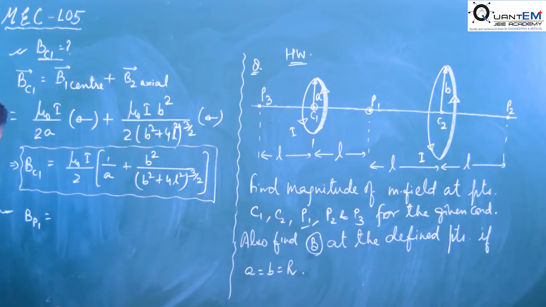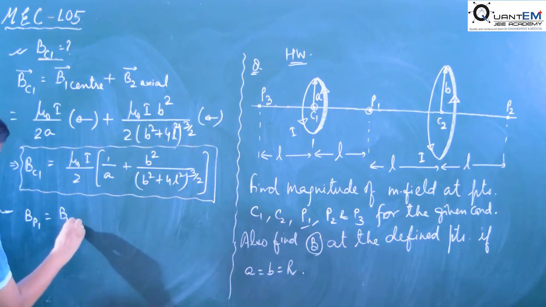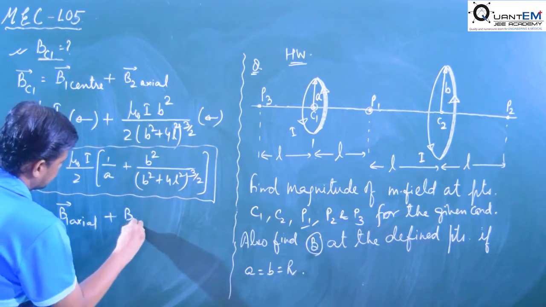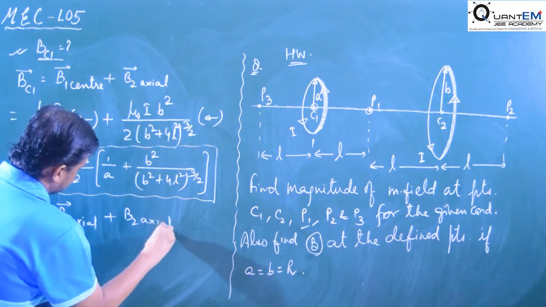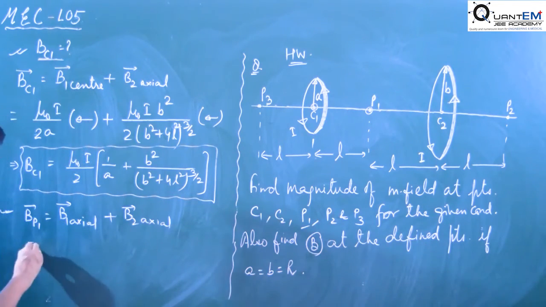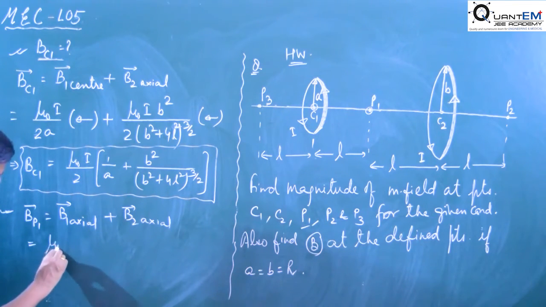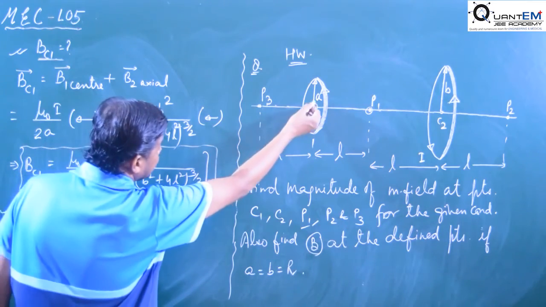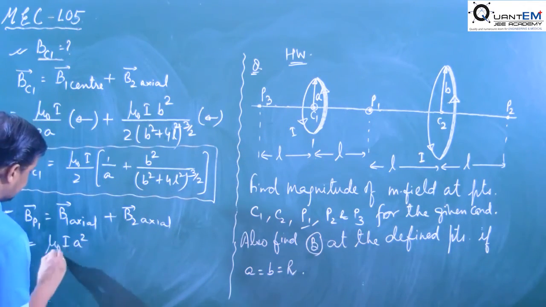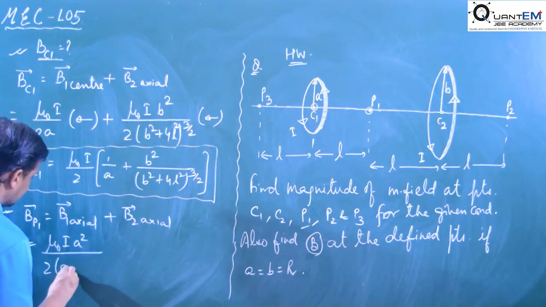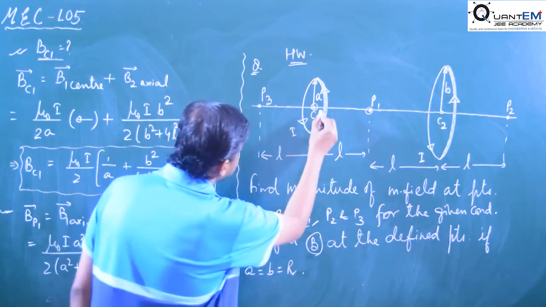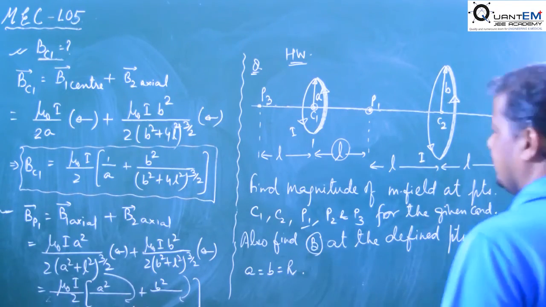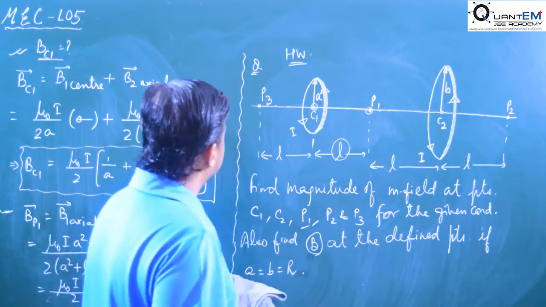For the axial point of the first, mu naught n I r square, n is 1 here, r is the radius of the first, that is A, by 2, r square plus x square, where x is the distance C1 P1. Similarly you have to do all the questions.